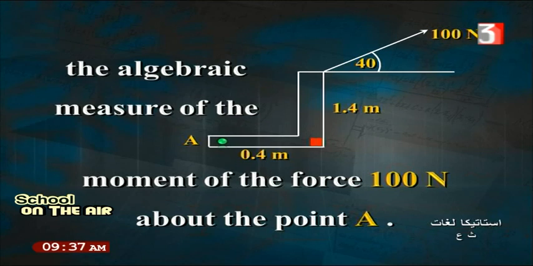My dear student, we can solve this example by a first method. First, the moment about point A. What is the force? The force is 100 Newton. We can find the distance between the point A and the line of action of the force.